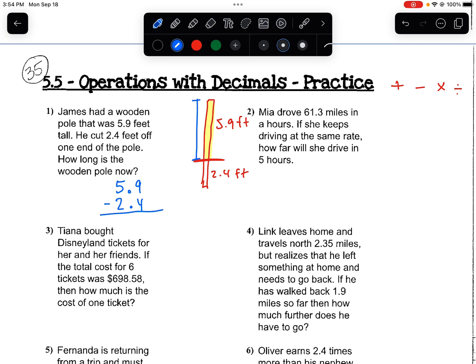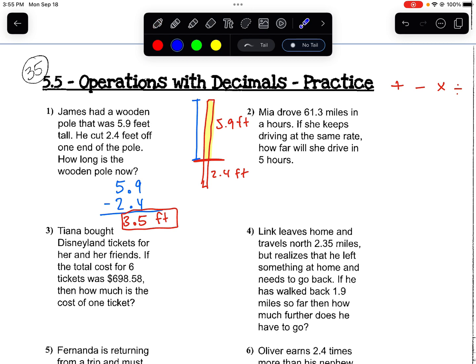And when we subtract, make sure you line up your decimals, because when you add or subtract, you have to line up your decimals. By the way, 5.9 minus 2.4 is 3.5. So how long is the wooden pole now? It's 3.5 feet.